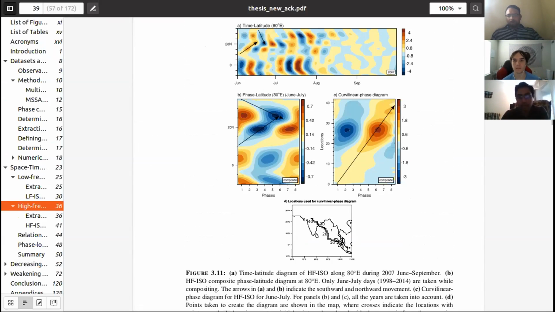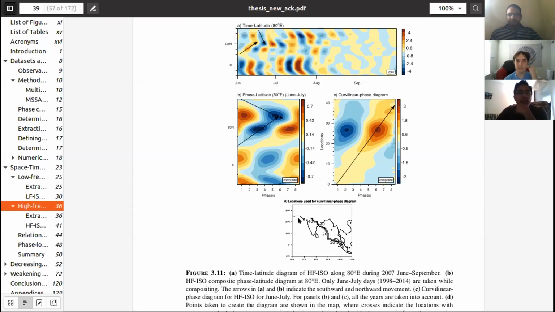I took some grid points over this region and plotted these locations as the y-axis against the phases. That showed a very clear tilted structure, a propagation along these lines. So that's basically northwestward propagation along these locations. Now, this is very difficult to identify because rainfall is very noisy data.